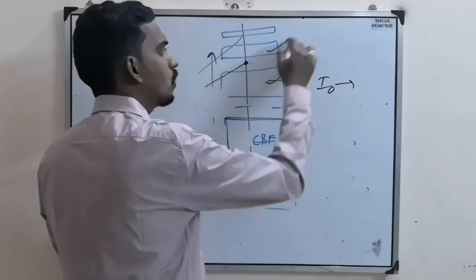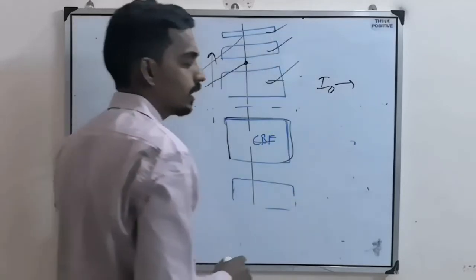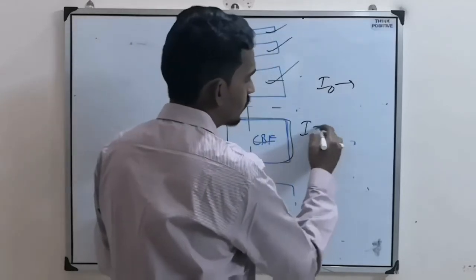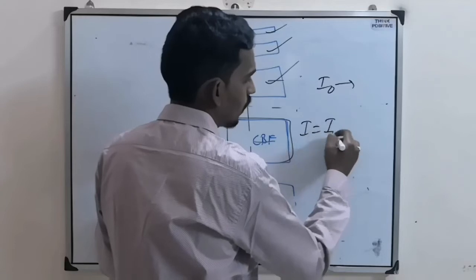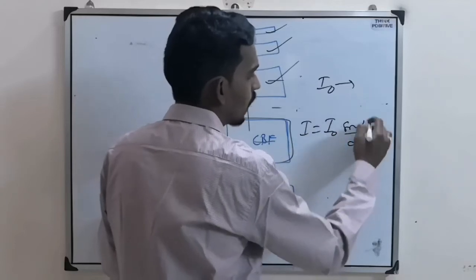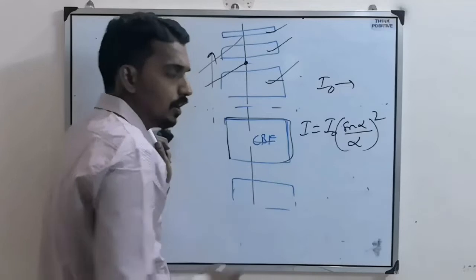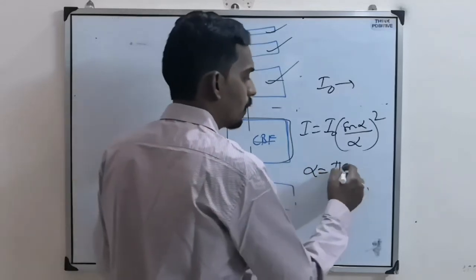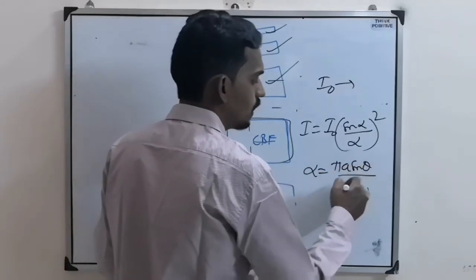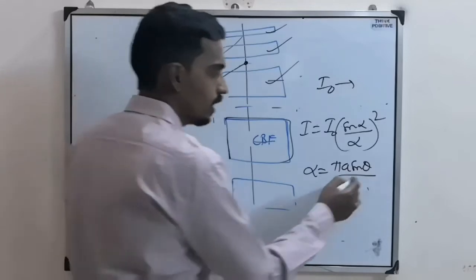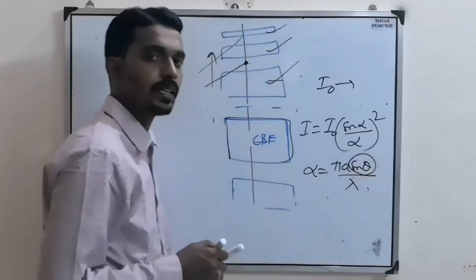When you consider this or this or this, the nth secondary maxima, the intensity equals I naught (sin alpha by alpha) whole square, where alpha equals pi a sin theta by lambda, and sin theta is the condition.